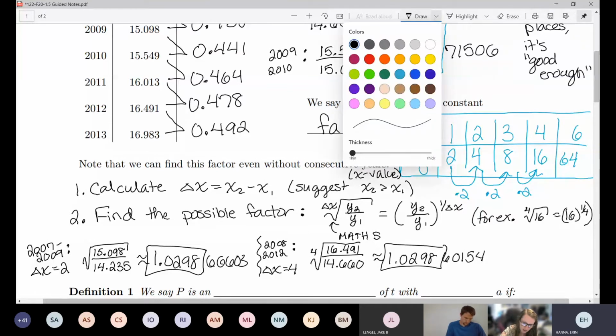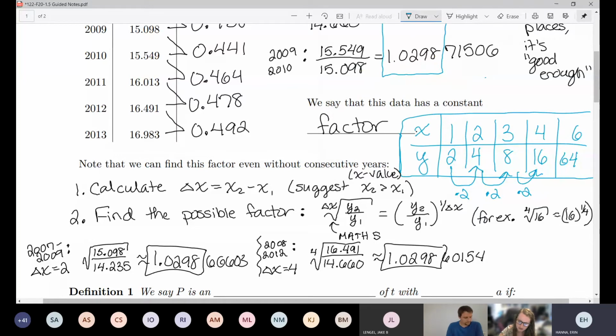So going back to this one really quick. This one was kind of easier to see that we were multiplying by 2 each time, but from 4 to 6, it doesn't look like we multiply by 2, but that's because there's a gap between 4 and 6.